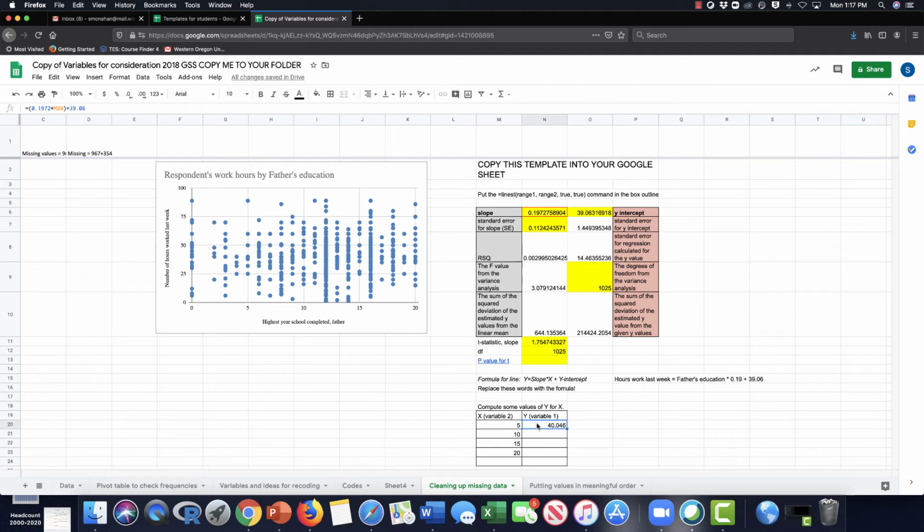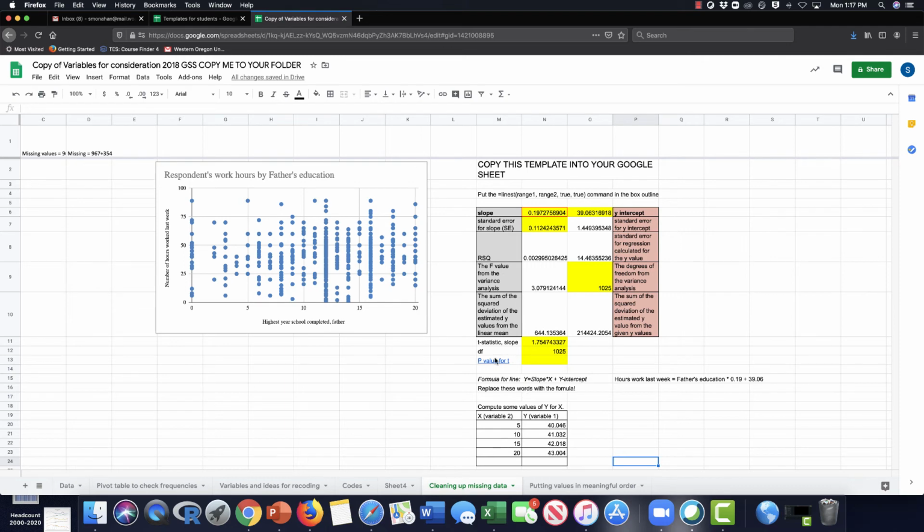And then we can take that formula and copy it into each of our cells, and it will compute the new value. So at 0, we're at about 39.06. At 5, we're at about 40, then 41, 42, and 43. There is an upward trend here.